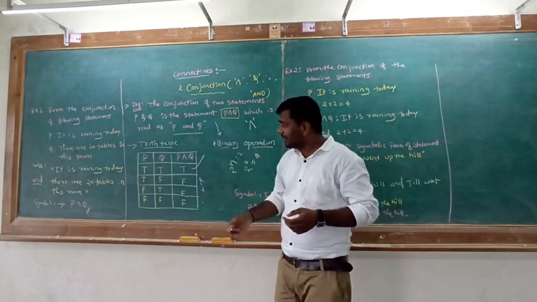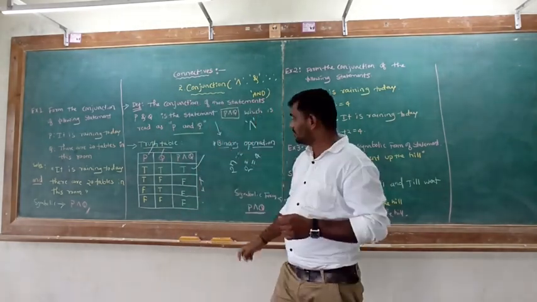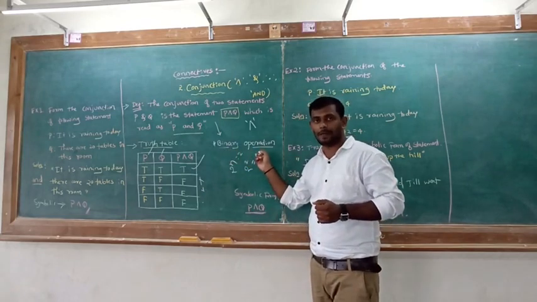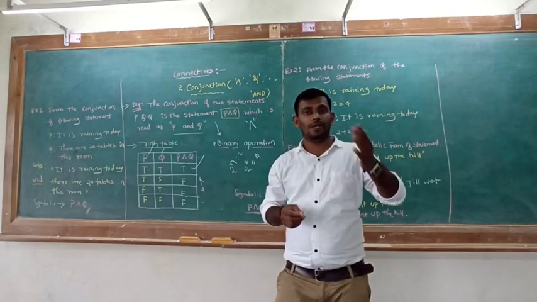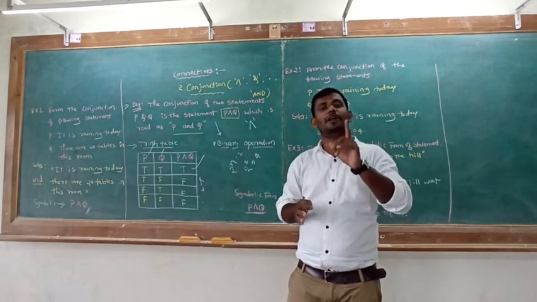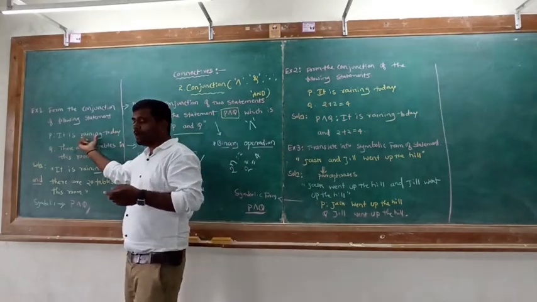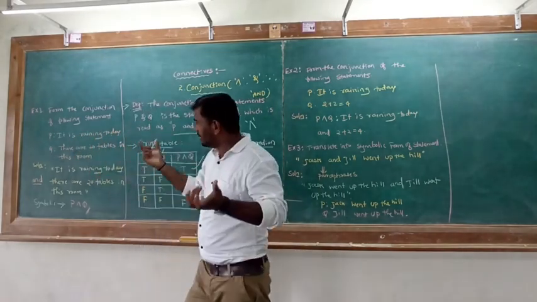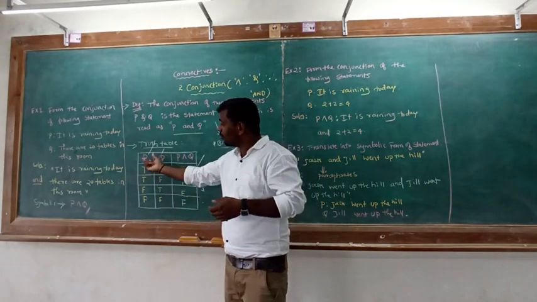Here two primary statements are required, so that's why this is a binary operation. In negation, that is a unary operation, because to form the negation of any statement only one statement is required. But can you form a conjunction from only one statement?